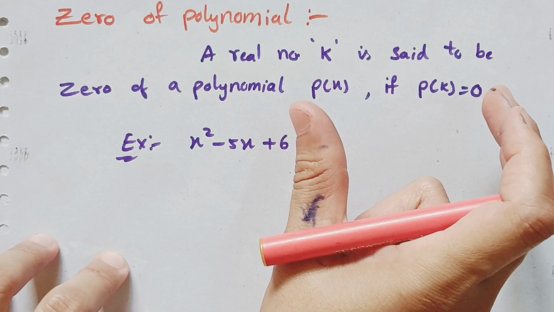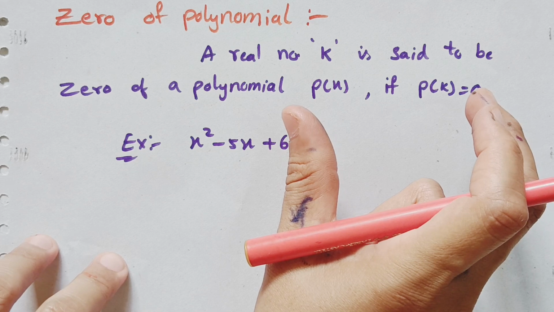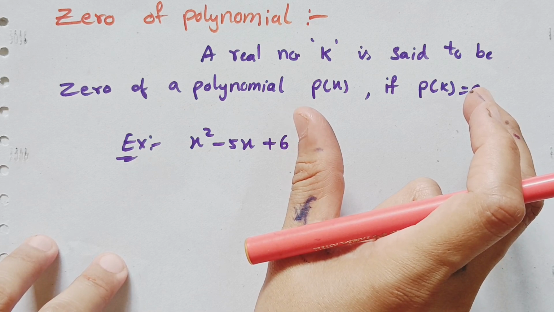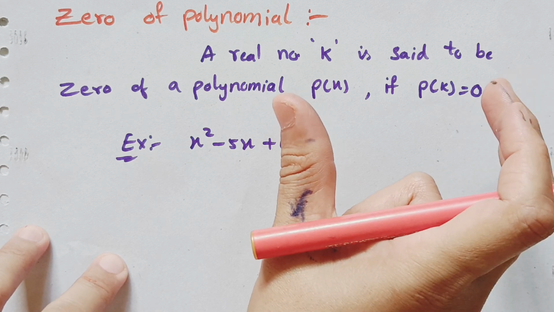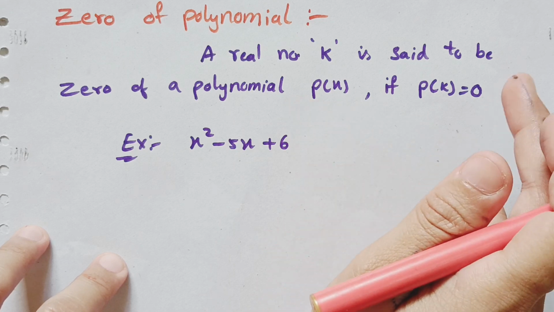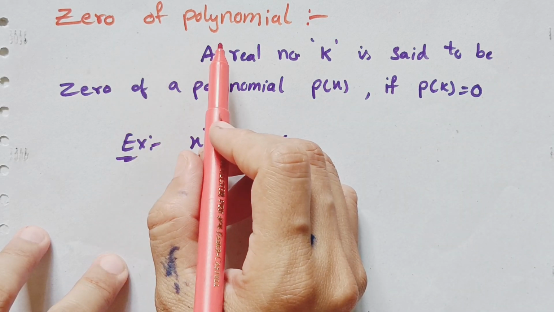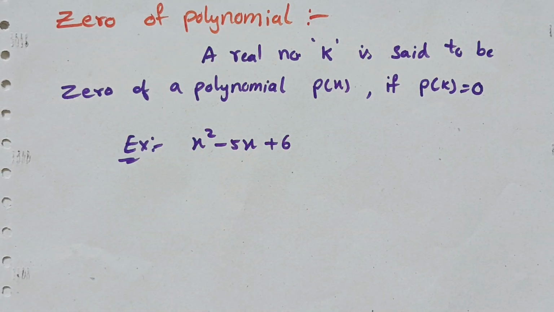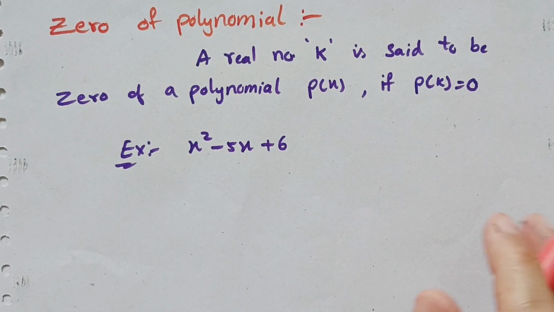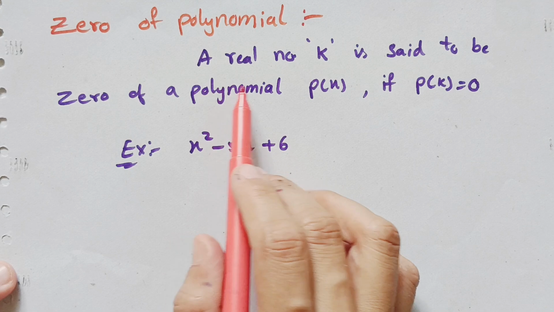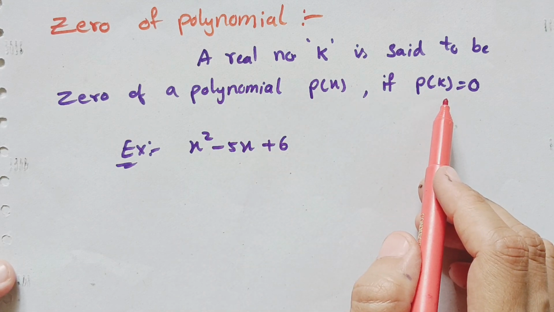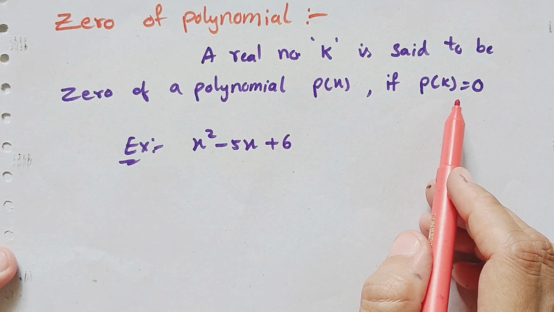It means you have a polynomial p of x, and in the place of x you are going to substitute any number. After simplification you will get the answer as 0. Then the number which you placed in that polynomial, through which you got the answer 0, is called the zero of polynomial p of x.